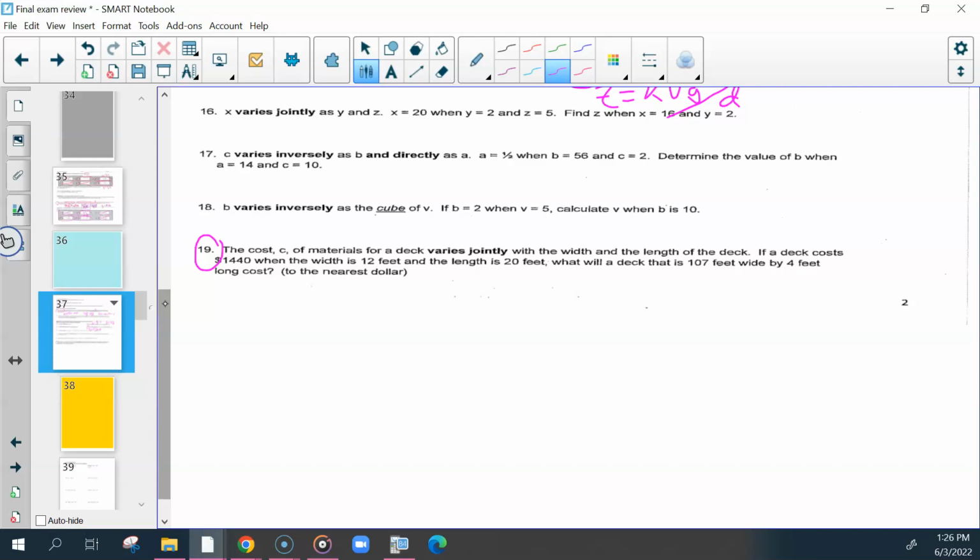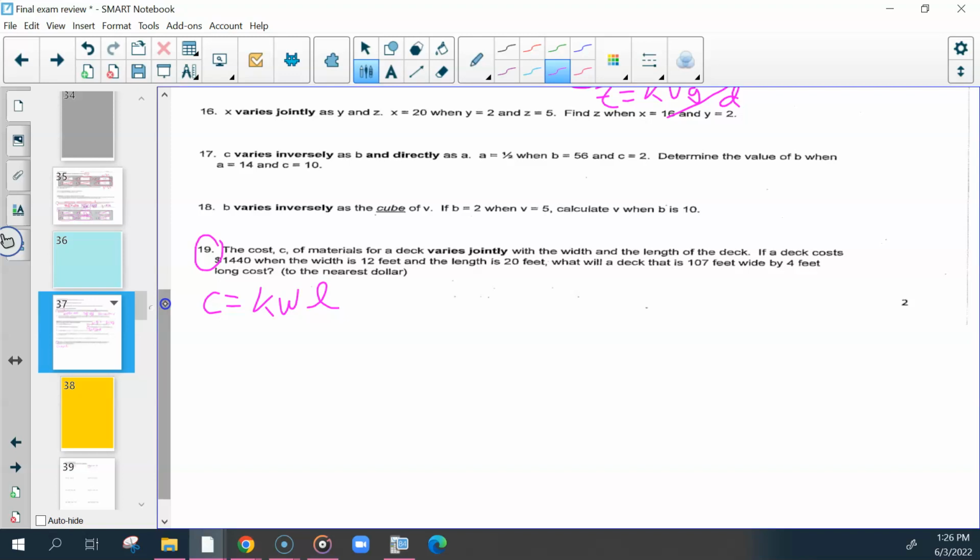For 19, we know the cost c varies jointly, so we're going to be multiplying all of these variables together. So if we set up our original equation, we know c equals k times our width and length, so w and l. Then they give us a bunch of numbers.